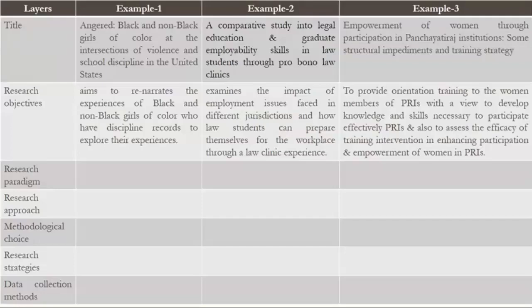Sir, in the example 1, where it talks about the presence of violence being faced by the black girls in this particular school, I think one should go for the qualitative research. I mean, in-depth interviews should be conducted at the school level.